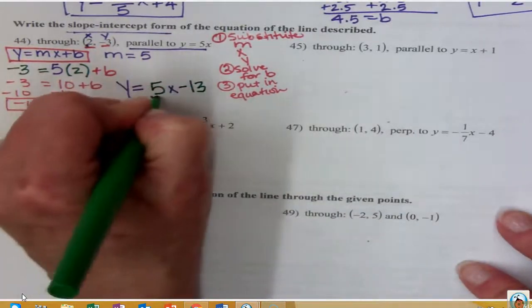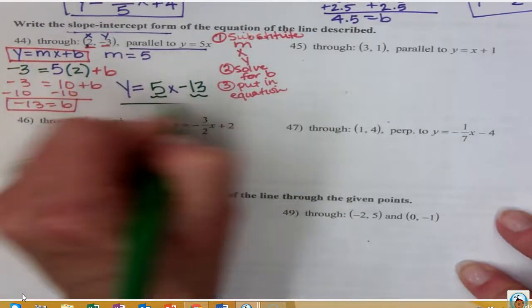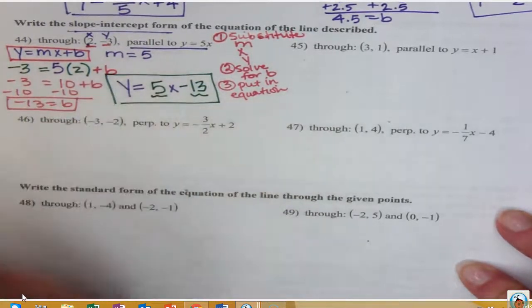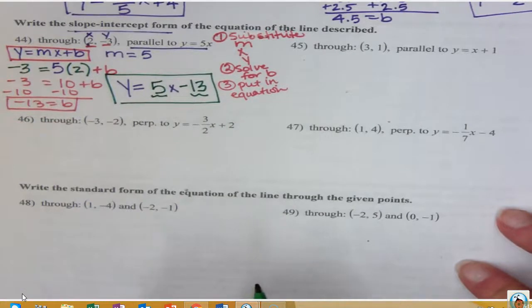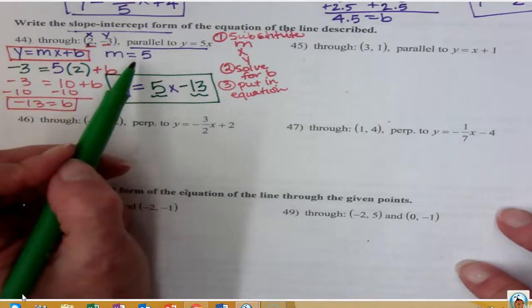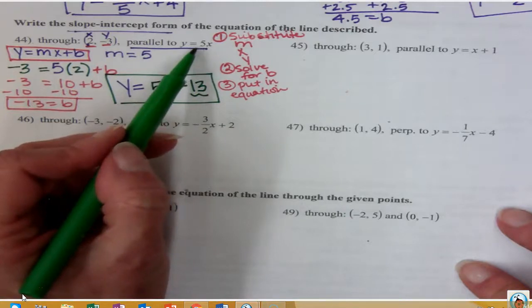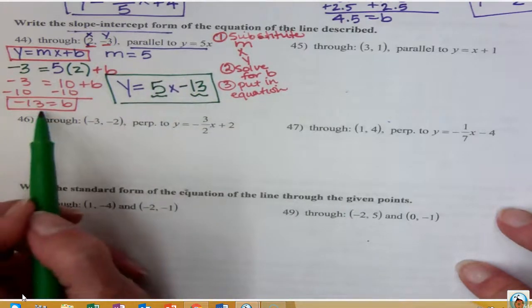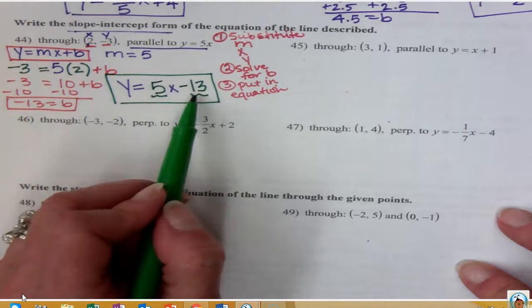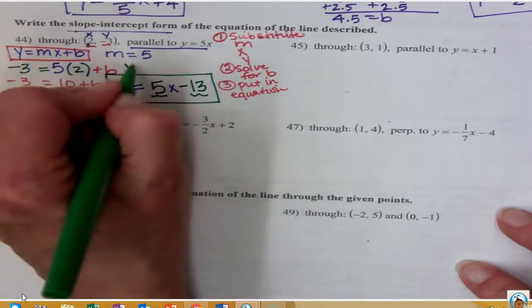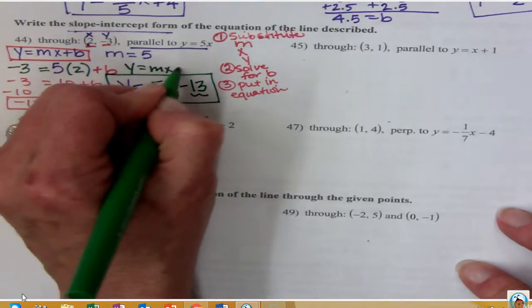These are the two values that I had to find to get that equation. My slope goes here, the value that I solved for, -13, goes here. So this is my y equals mx plus b.